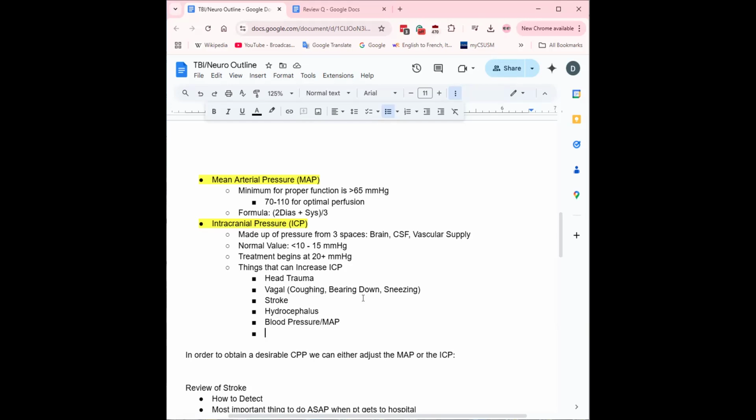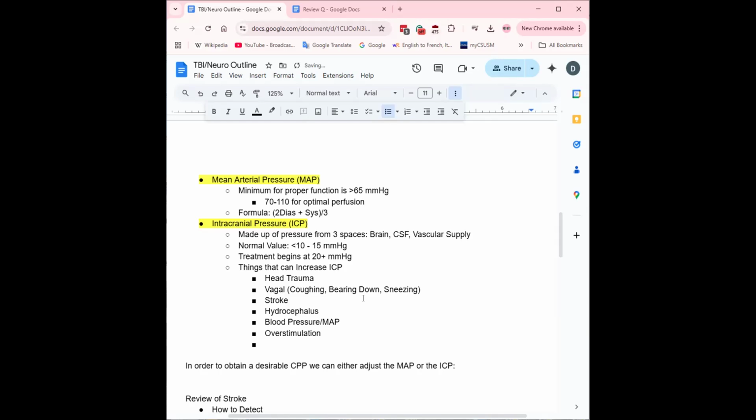CSF, sure, we can manage that. What about if the door is open and the unit is loud and the lights are on and you're coming in and out? Stimulation in general. Overstimulation can cause it to go up.